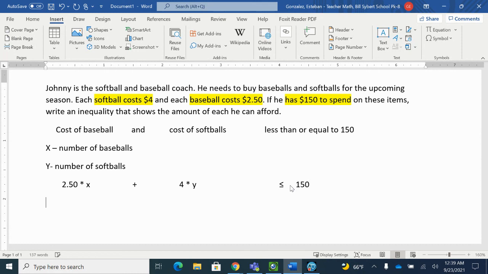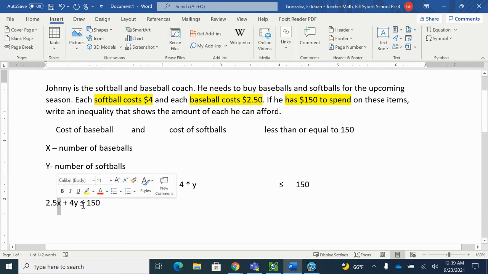There it is. So when I write this out, I get 2.5x plus 4y is less than or equal to 150. And again, that gives a scenario. The number of baseballs times $2.50 each baseball.